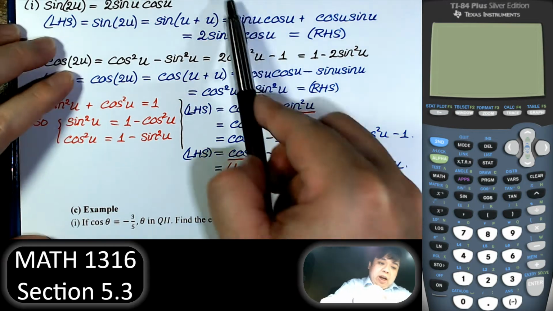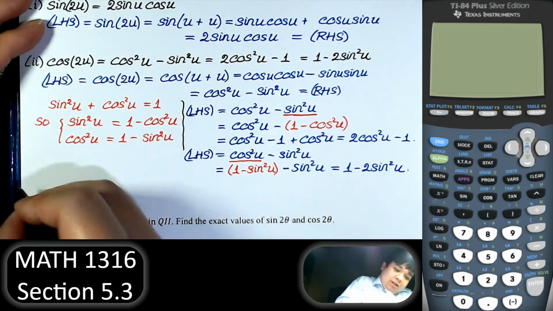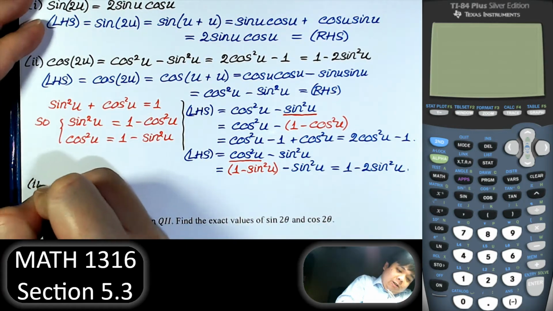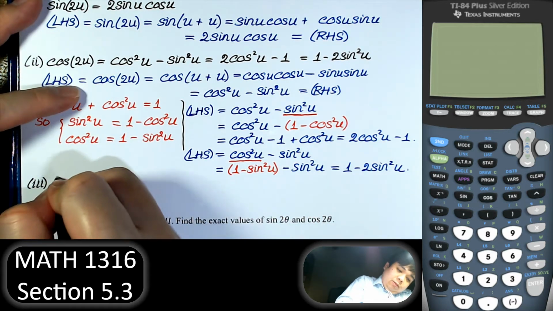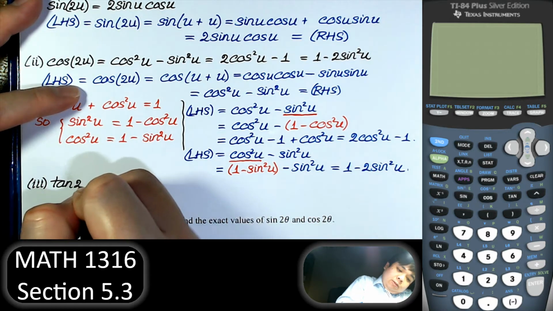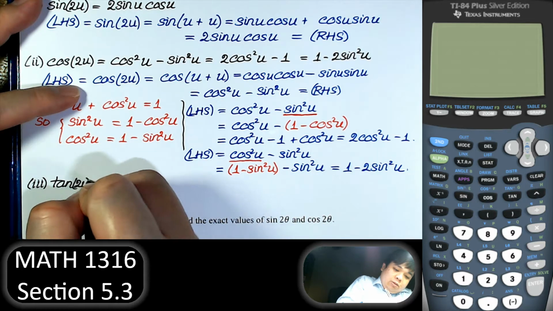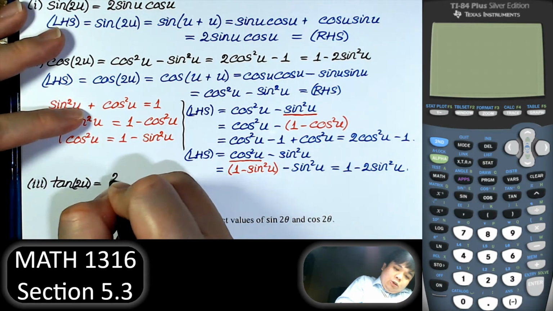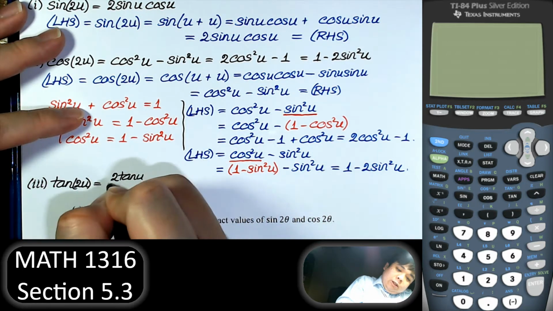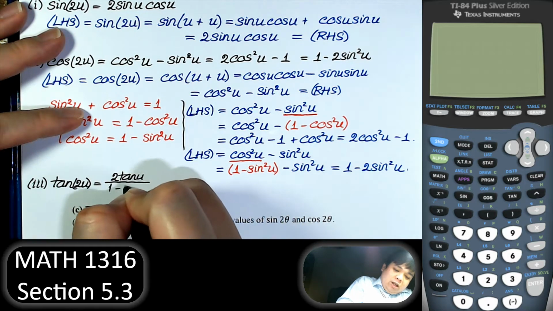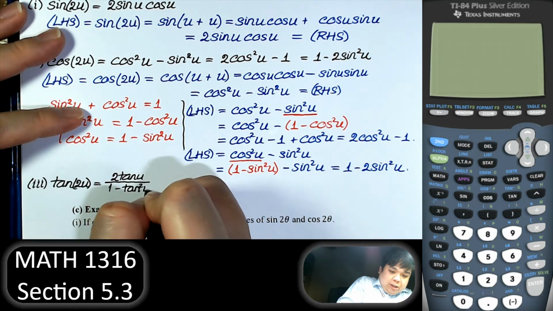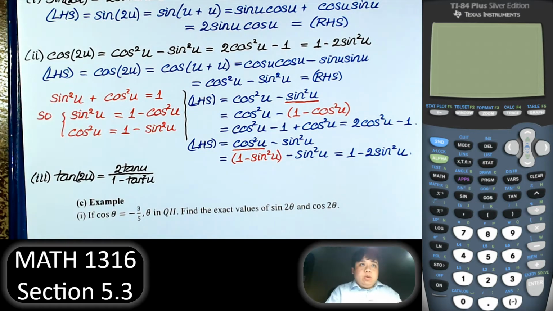Number 3, we're going to prove the tangent. Tangent of 2u is equal to 2 tangent of u over 1 minus tangent square. Right. This also is straightforward.